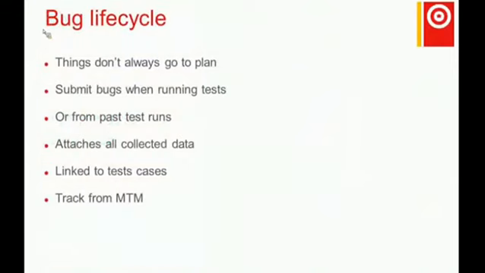Okay, so we've just looked at bugs, but all the information is automatically attached to the bug report. You can link it to other things as well. You can include screenshots, and all the bugs can be tracked from MTM as well as managers tracking it from their preferred data sources.